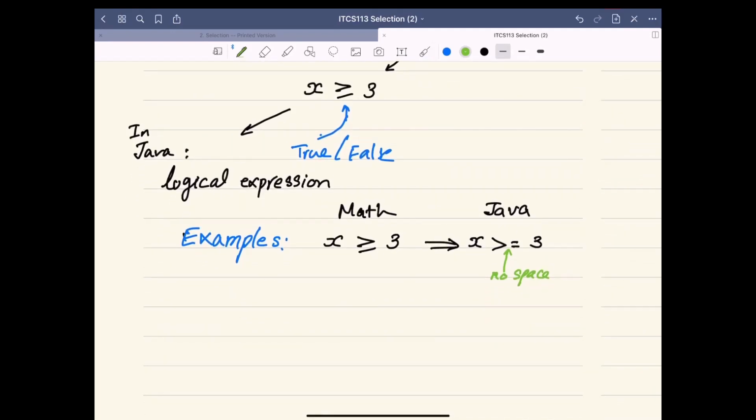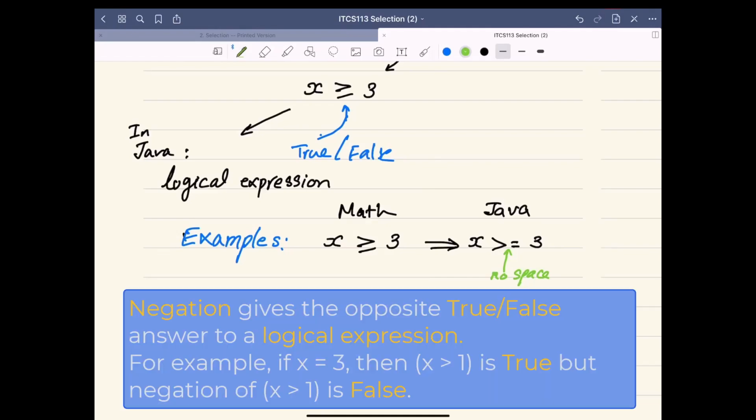Sometimes you express the logical expression by using negation.